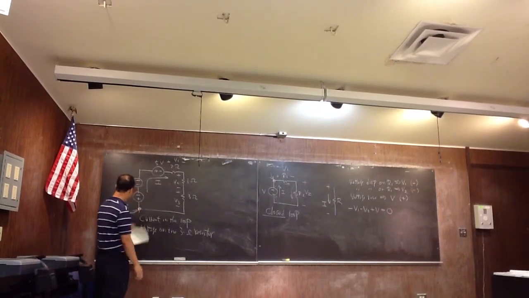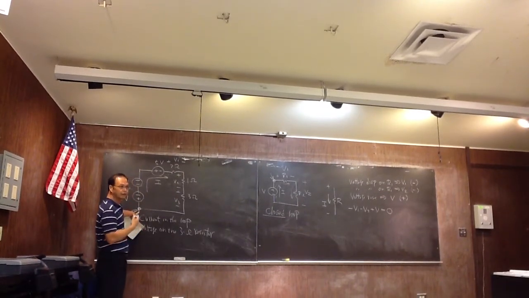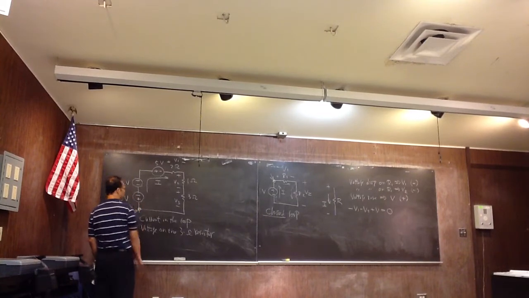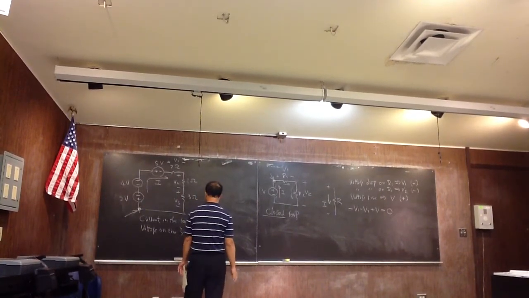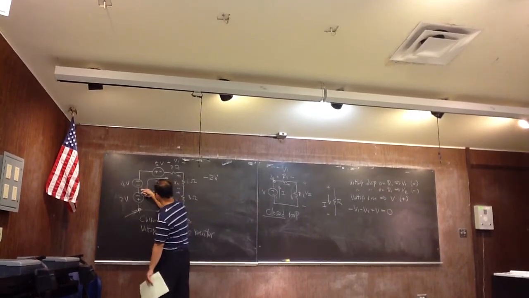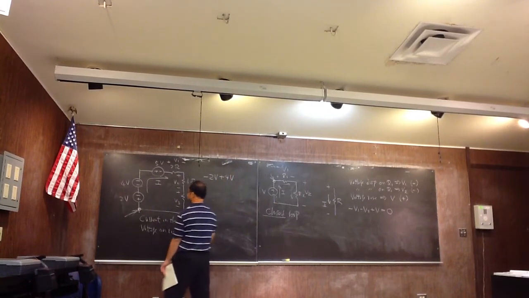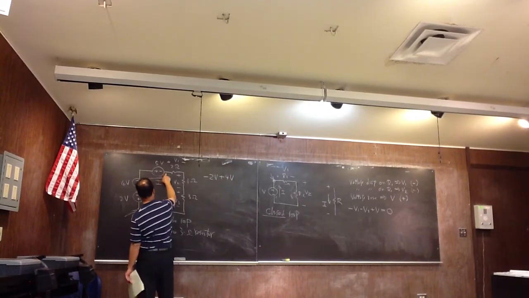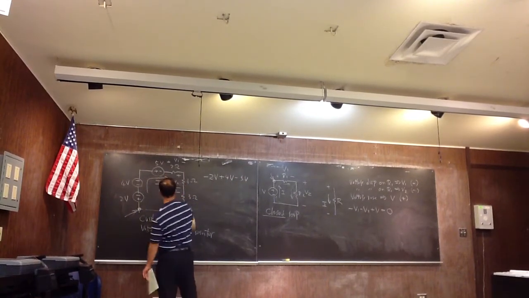Once you have picked the starting point, you follow the current direction. What do you have? That's a voltage drop. Minus 2 volts. Plus 4 volts because that's a rise. And minus 5 volts because that's a drop.